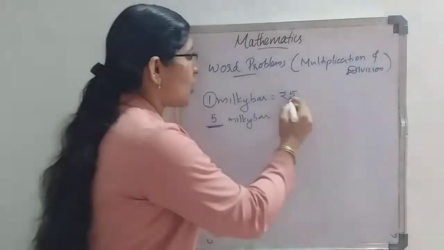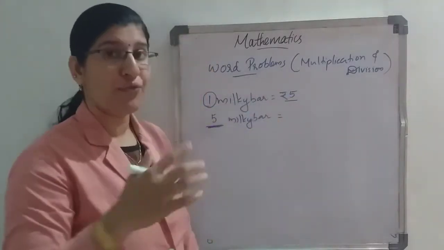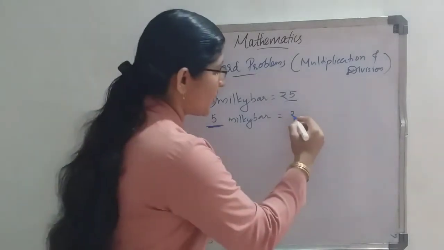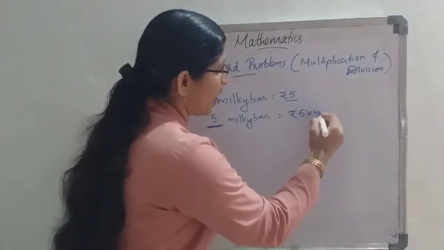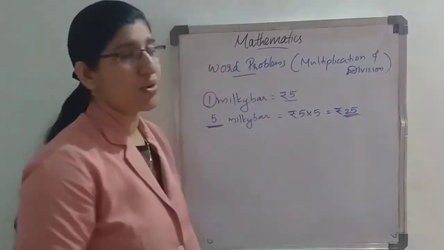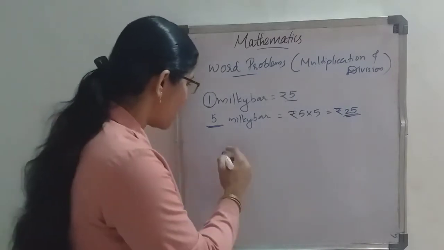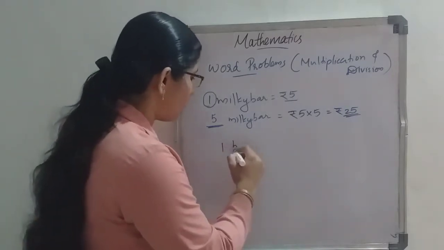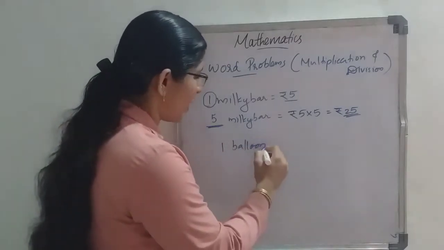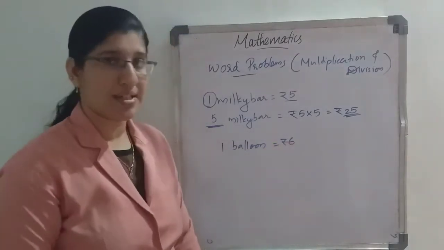So here the cost of 1 Milky Bar is given, 5 rupees. You need to find out the cost of 5 Milky Bars. So you can do 5 into 5, that is 25 rupees. The cost of 5 Milky Bars is 25 rupees. One more example I will show you. The cost of one balloon is 6 rupees.